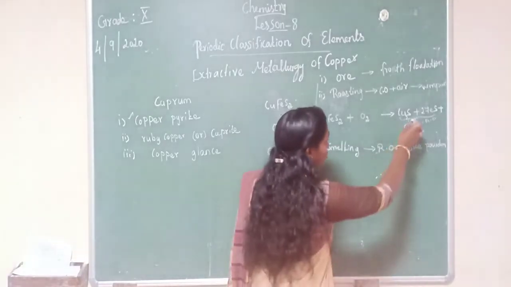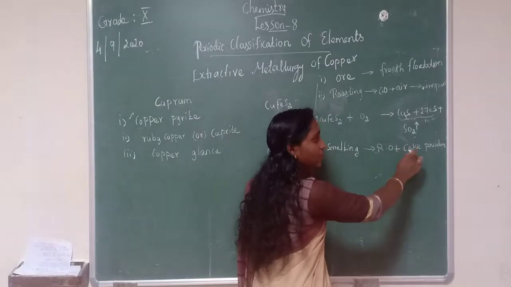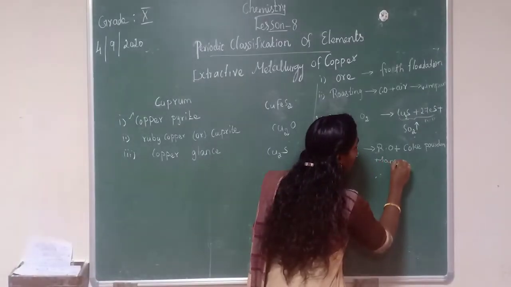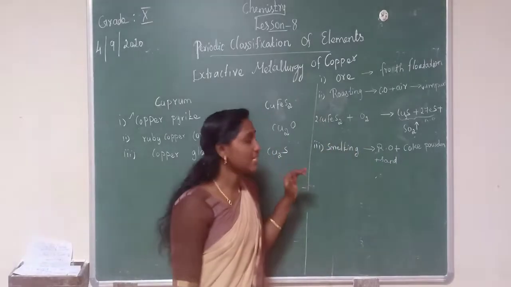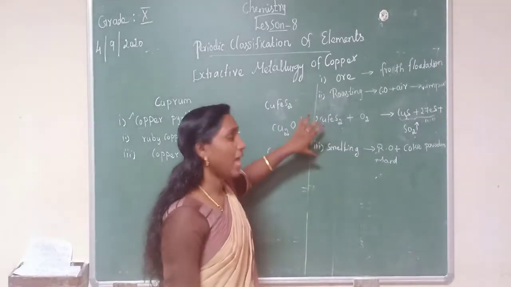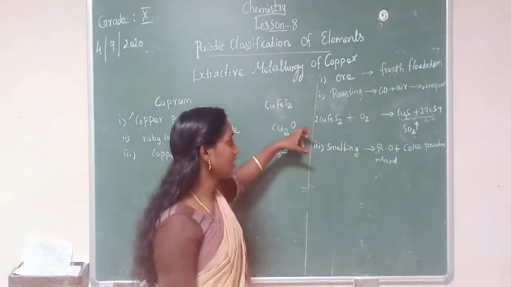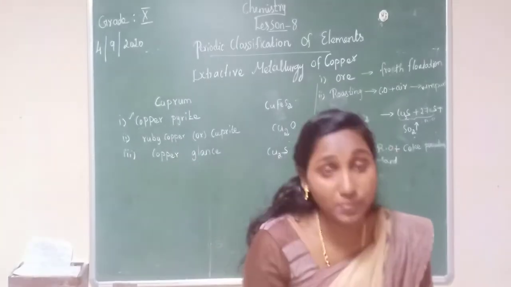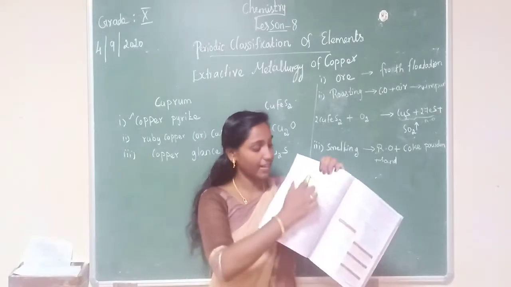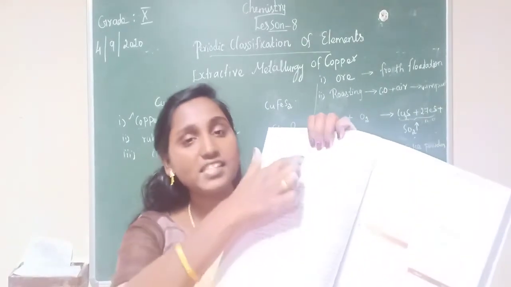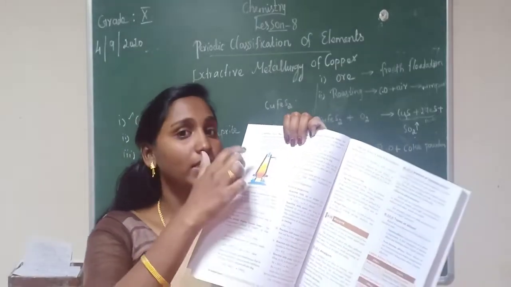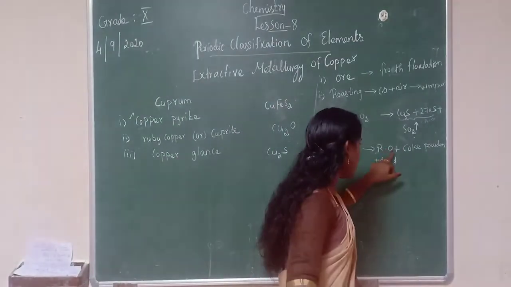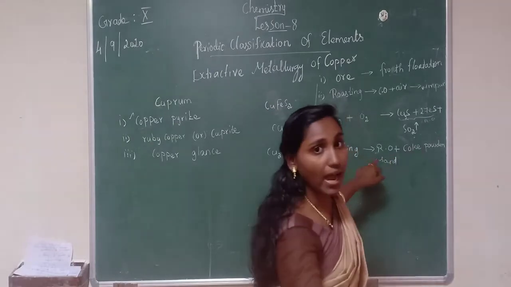So this roasted ore is mixed with coke powder and sand, and it is taken in a blast furnace. Blast furnace means one type of heating system like an oven. See this diagram, see the picture. This is a blast furnace. In this blast furnace, we take the roasted ore, coke powder and sand.